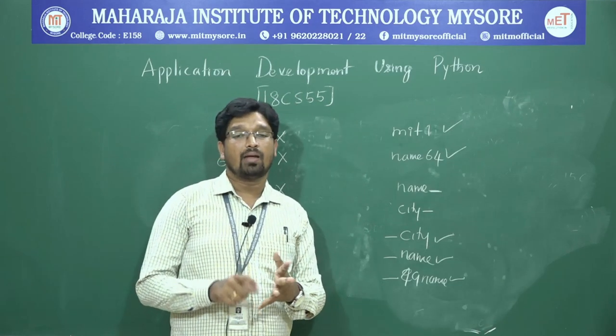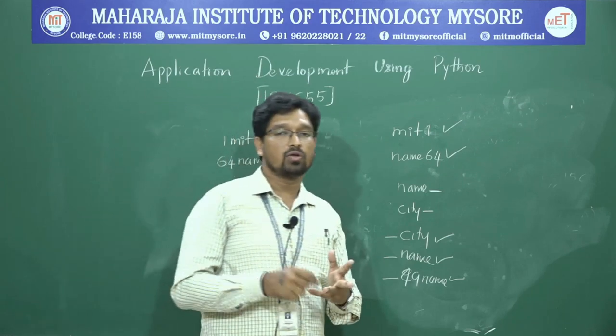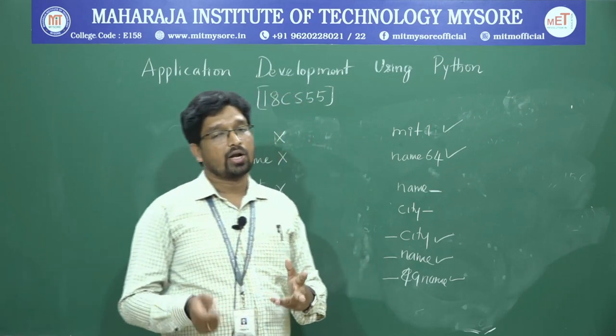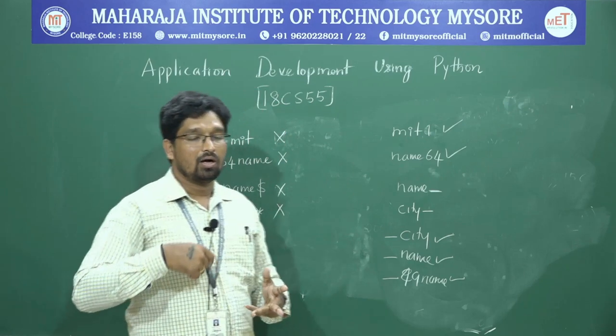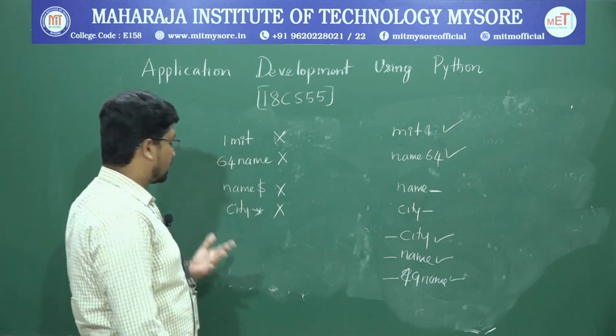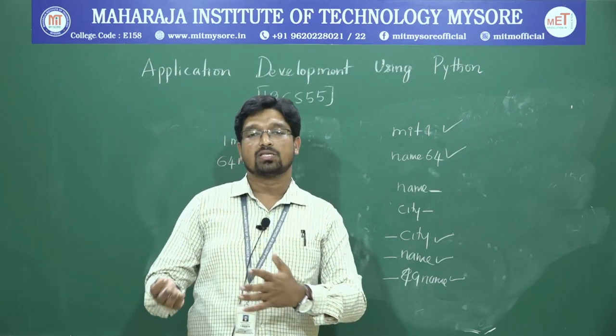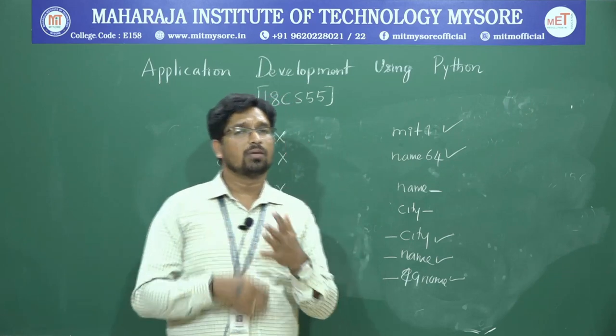In Python, the variable name can begin with an underscore or a character, but it cannot begin with any number. Okay. The last rule is you cannot have a variable name which is the same as a keyword. Python has some inbuilt keywords.